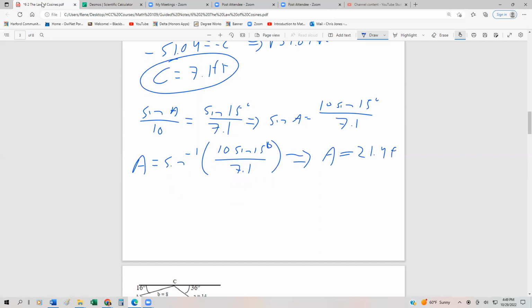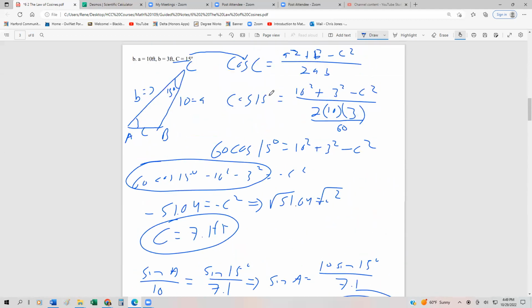And that's going to be in feet. Or sorry, that's going to be our angle, so 21.4 degrees. And then finally, to get B, which is the only angle left, we're going to have 180 minus 21.4 degrees, which was A, and then minus 15 degrees.